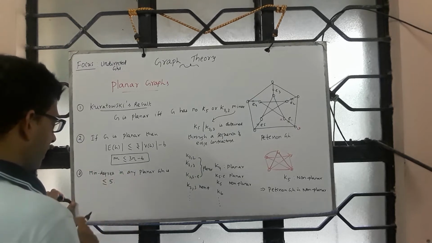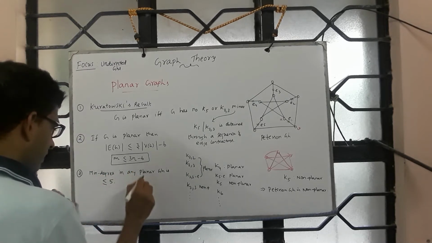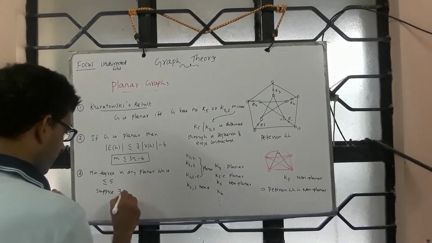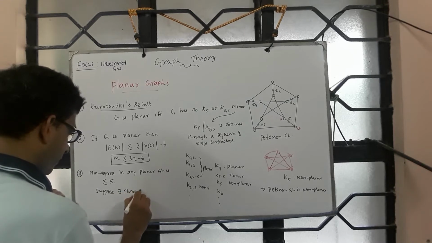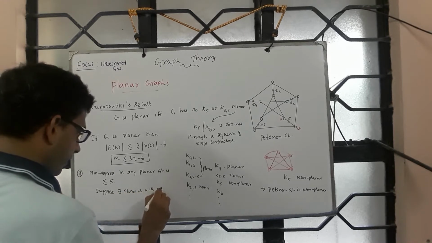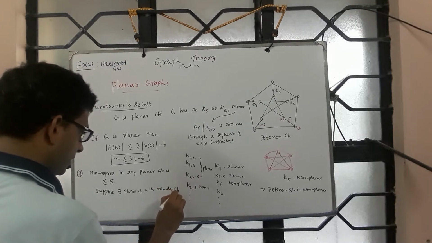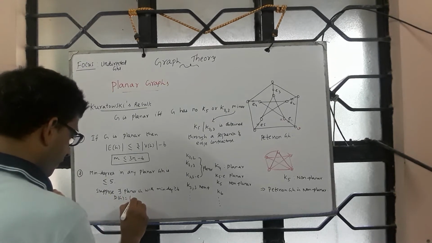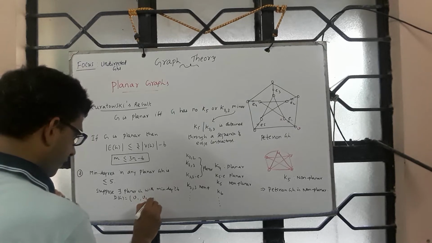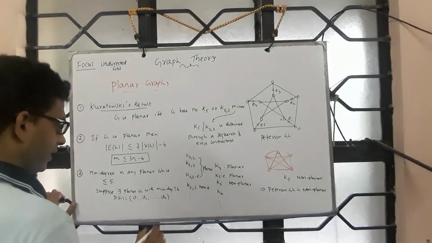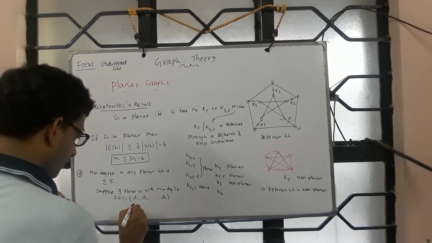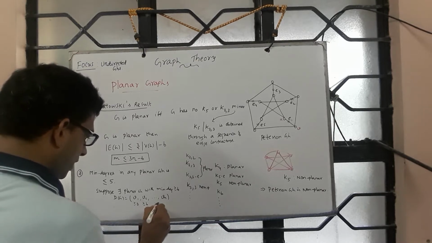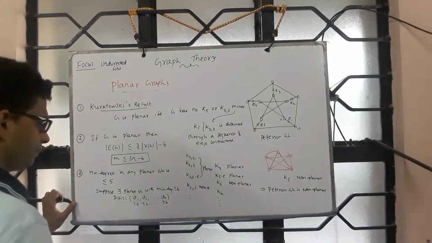Suppose there exists a planar graph with minimum degree at least 6. Look at the degree sequence: degree of V1, degree of V2 and so on up to Vn. Minimum degree is at least 6, which means for all of them the degree is at least 6.